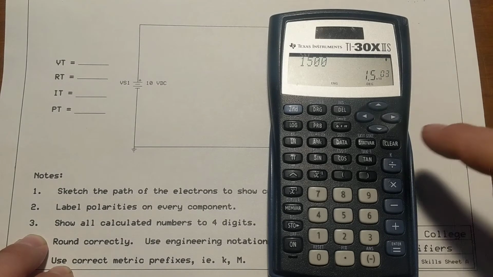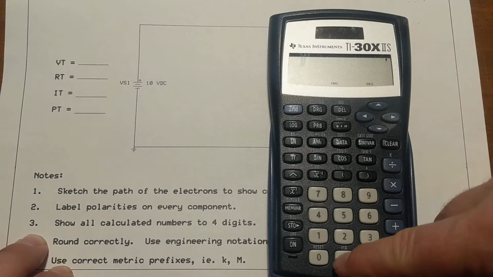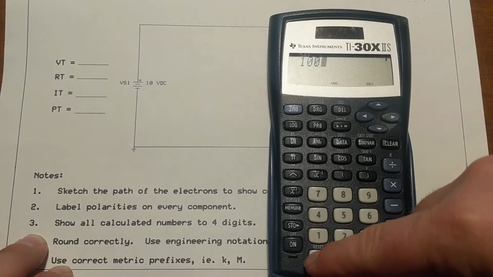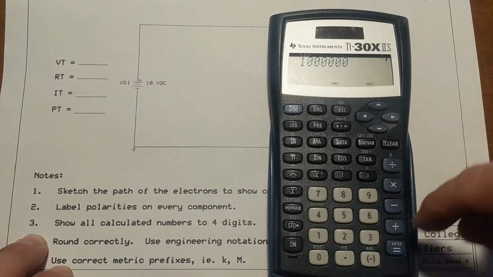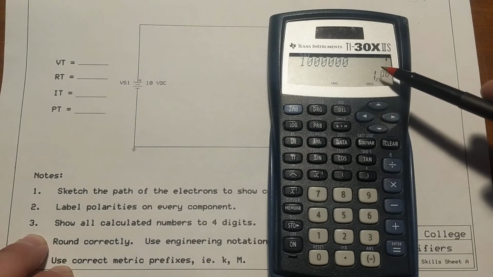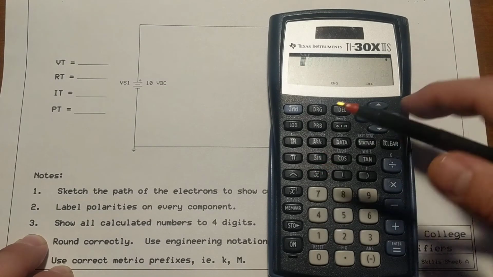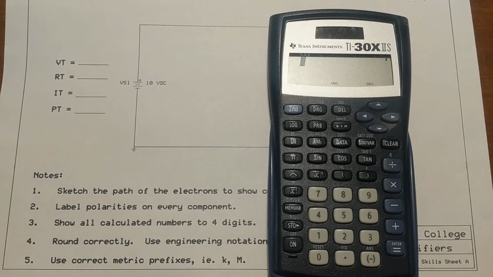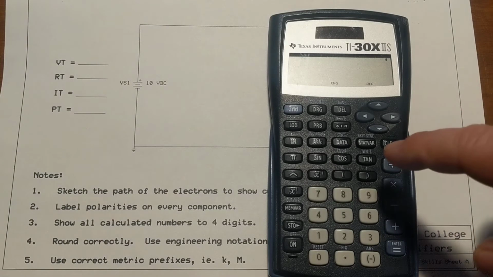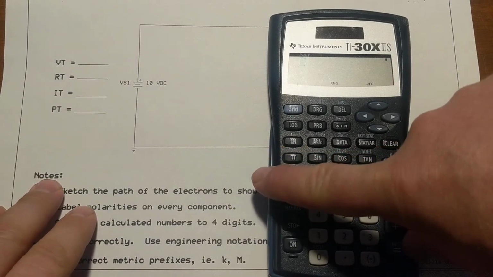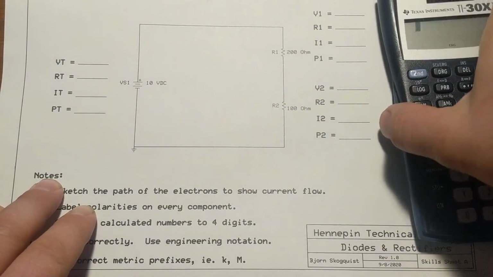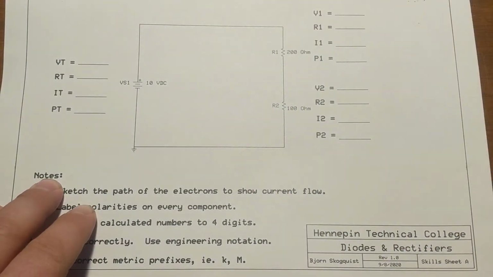It's always telling me things in the threes or the sixes or the nines, because in engineering we use that engineering notation rather than the scientific notation. So I like this one. It's got some other things that it does too, but for now we're just not going to worry about that.